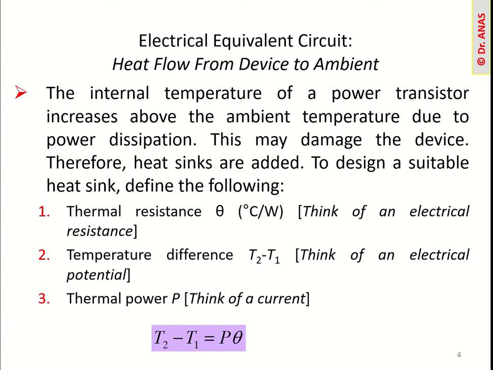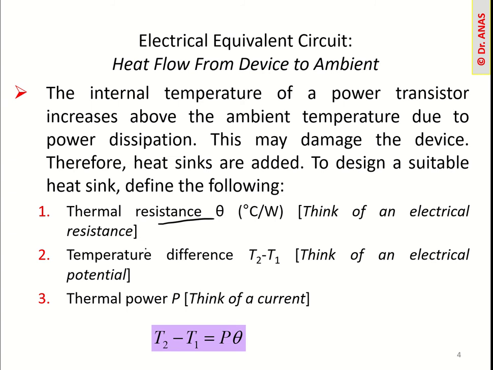So the operation of the heat sink, the design of the heat sink basically depends on different parameters. The first one is the thermal resistance. So the thermal resistance basically tells us about the device or material properties, that how much it will resist the heat flow. Okay, that how much heat flow will be resisted by that particular material.